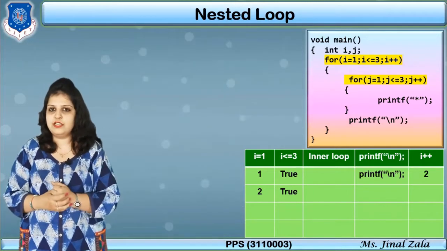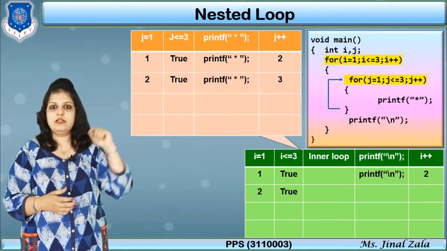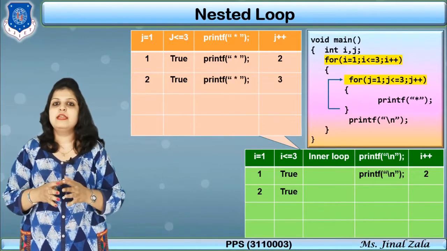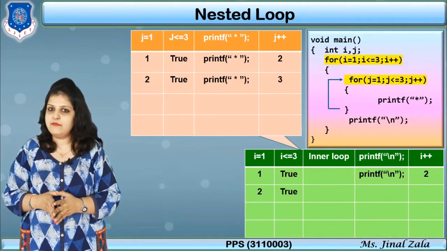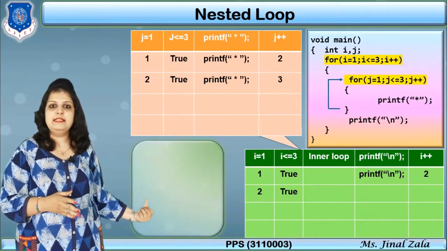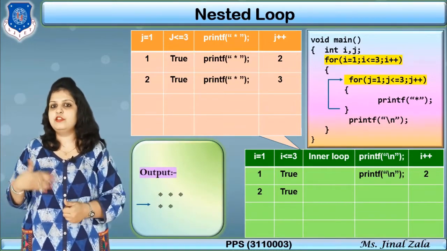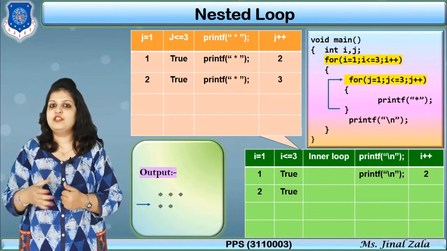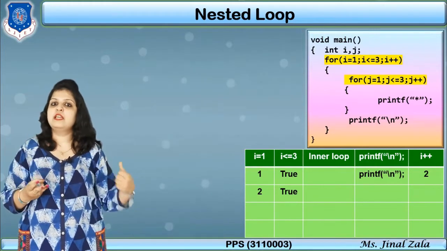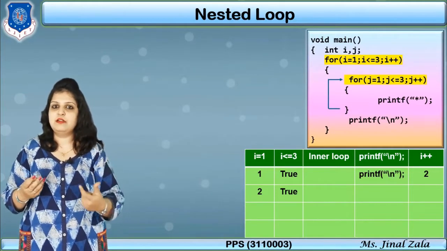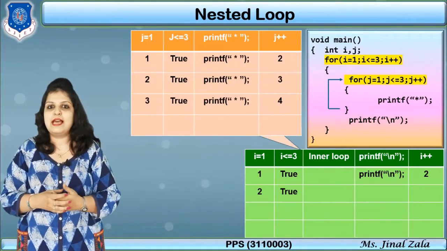Check for the condition that 2 less or equal to 3, condition true, yes. So again printf executed, and the second star in the second line will be printed, and then after that j will be plus plus. So j becomes 3. Now check the condition, 3 less or equal to 3, condition true, yes.